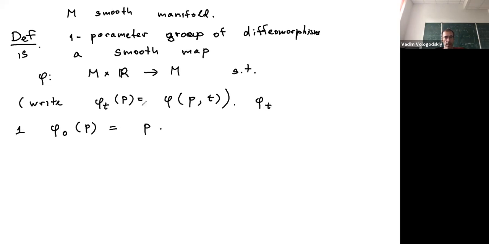If I fix t and vary p, then I can think of this as a map from M to itself. And so my first property is that phi 0 is the identity map. That's this property. And the second property is that phi of s plus t is the composition.